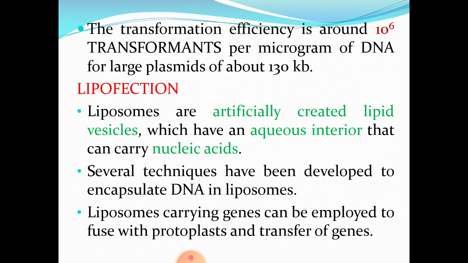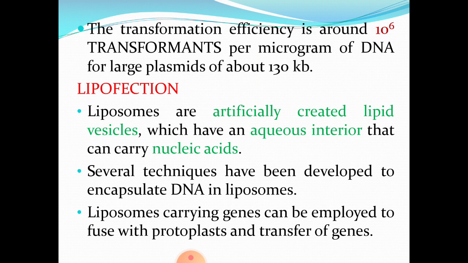On the other hand, transformation efficiency decreases if the size increases. It is around 10 to the power of 6 transformants per microgram of DNA for large plasmids of about 130 kb. So this is about electroporation.